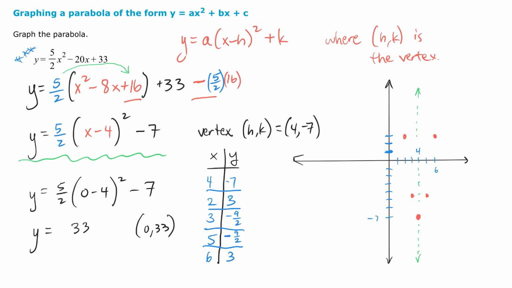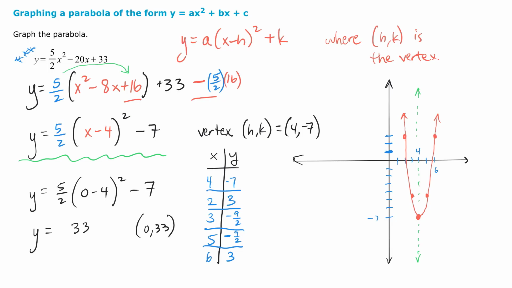And there we go. We actually have a very nice symmetric parabola that is pointing up. And the vertex is (4, negative 7). In this case, this parabola is focusing on a minimum y value, and that minimum y value is negative 7.